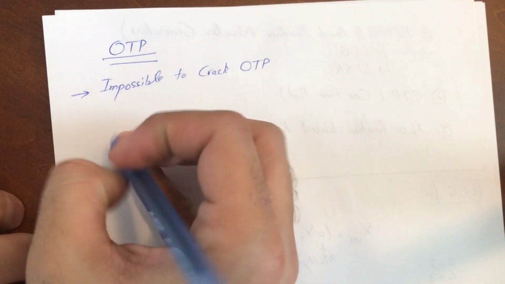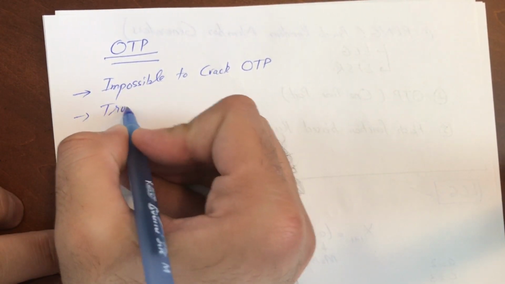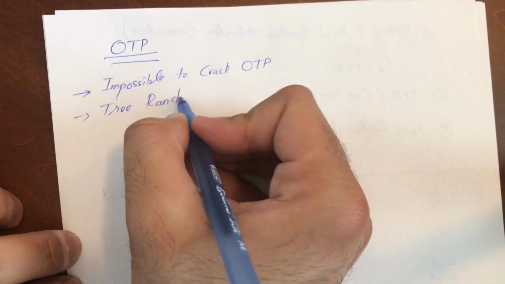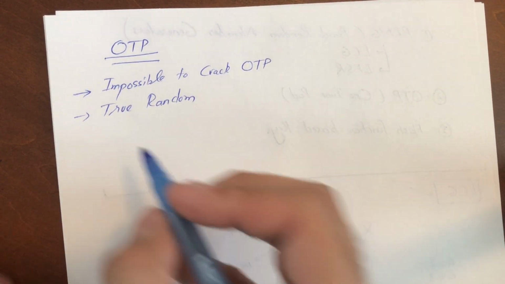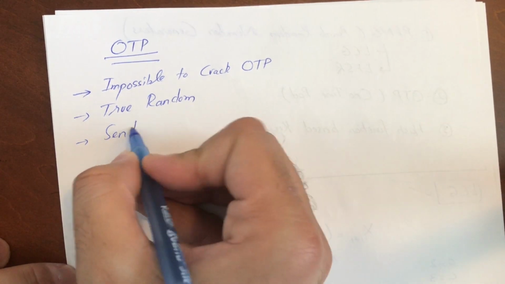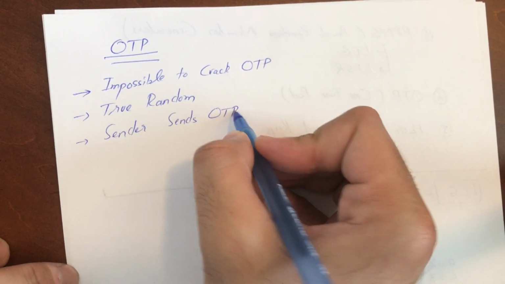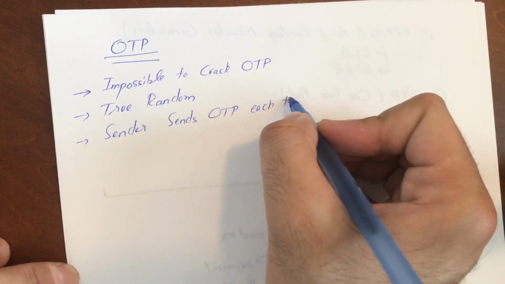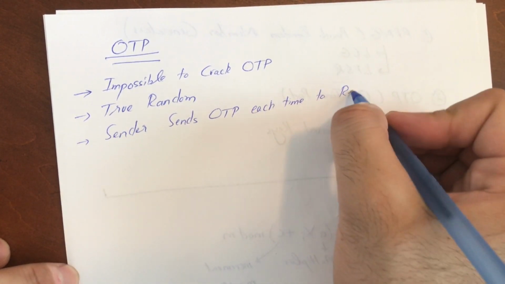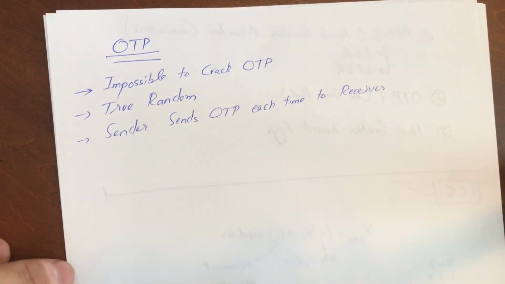It is 100% true random. Again, the sender sends the OTP each time to the receiver, so each time the receiver will receive this OTP.